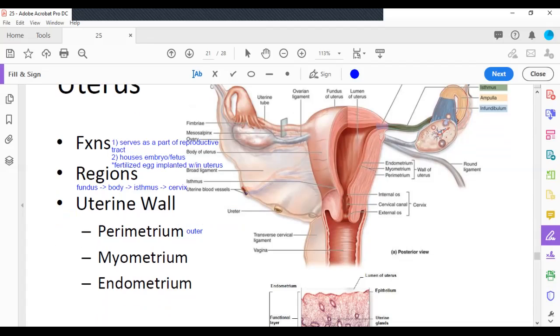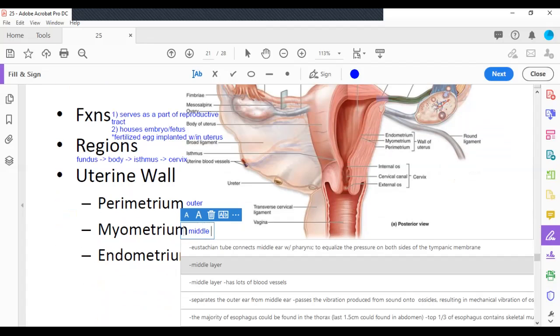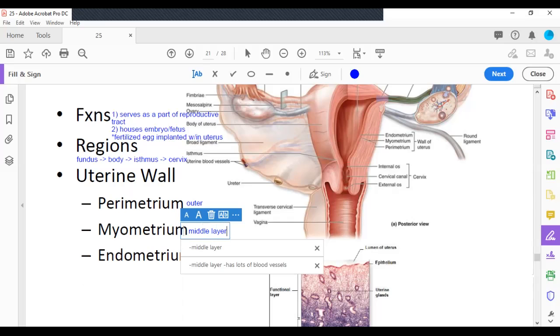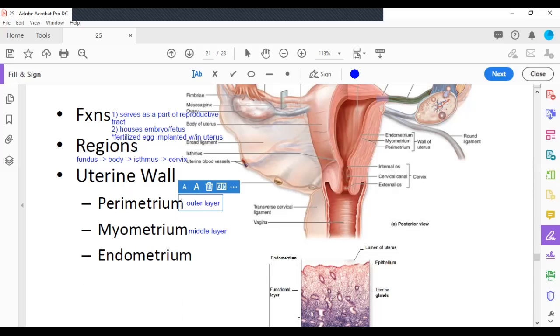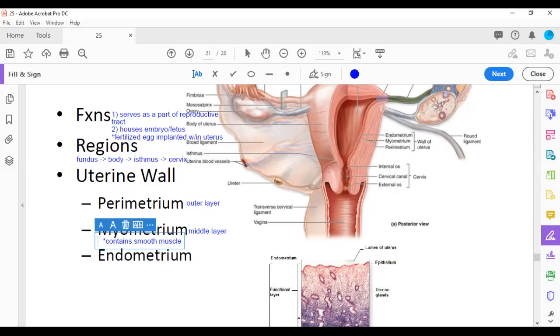The myometrium is the middle layer, and this layer contains smooth muscle. During contraction, the myometrium contracts to expel the baby out of the uterus.